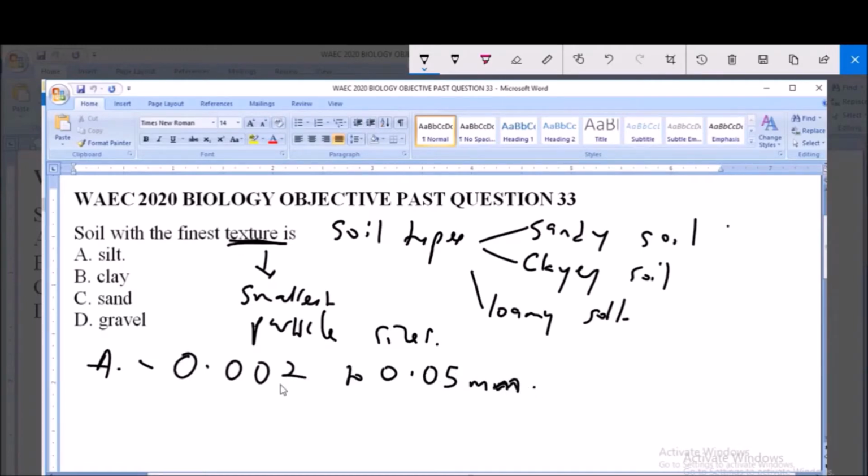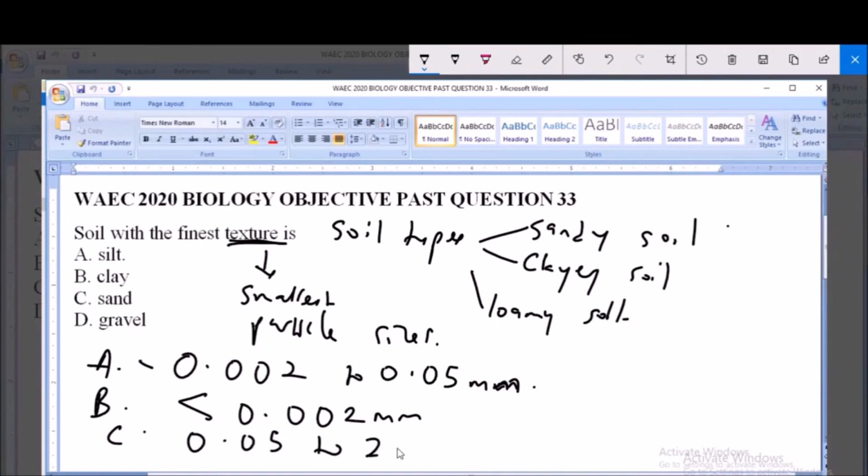So this is the size range for the particles. So for clay, you have particle sizes less than 0.002 millimeter in diameter. So C, which is sand, has a range from between 0.05 to 2.0 millimeters. And then gravel has particle size between 4 millimeter to 64 millimeter for very coarse gravel.